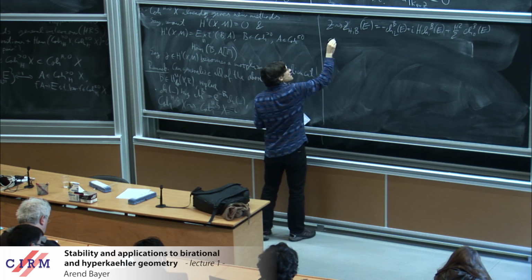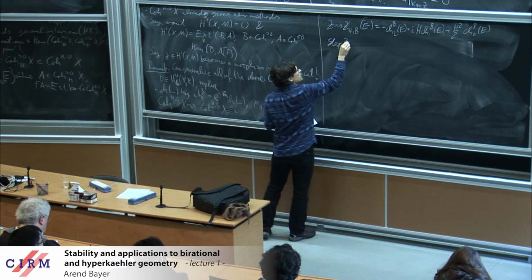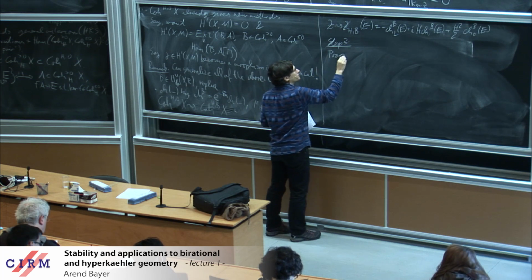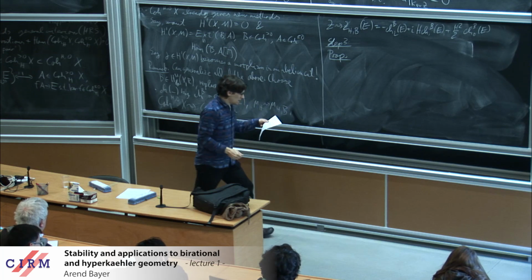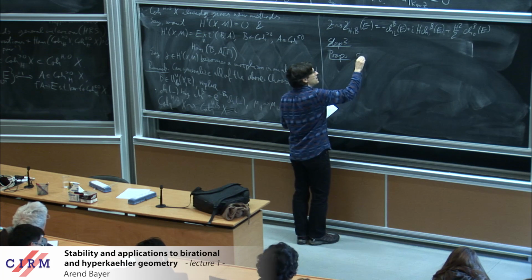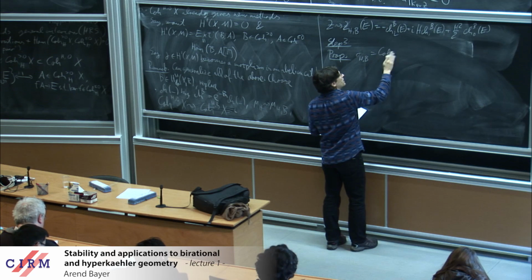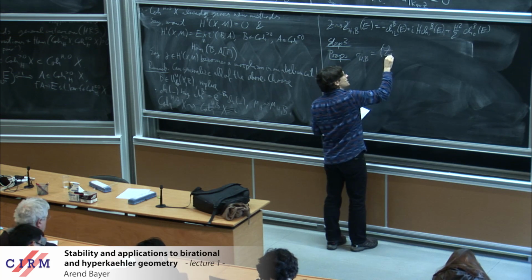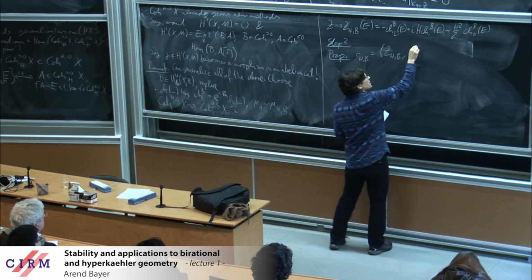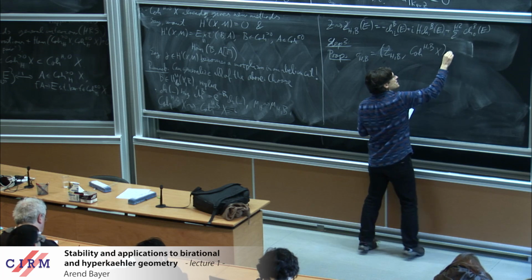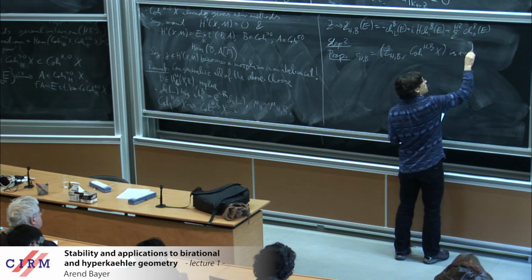Okay, and then step 3 says, well, actually we are done. So σ_{H,B}, the pair Z_{H,B} and Coh^B(X), this is a stability condition.